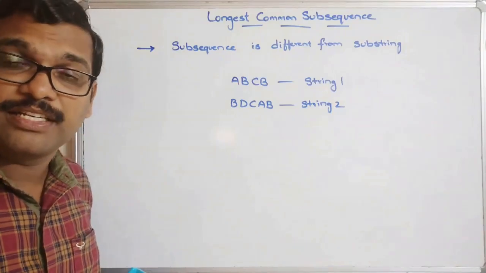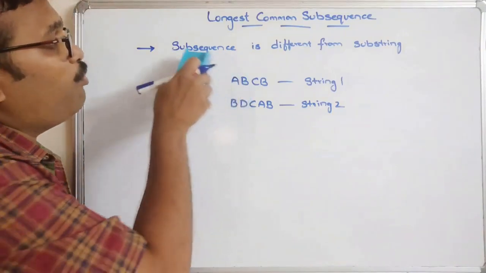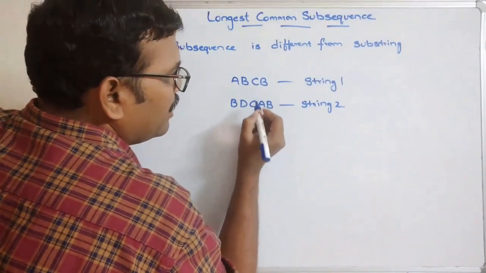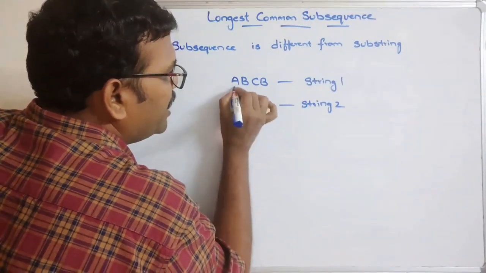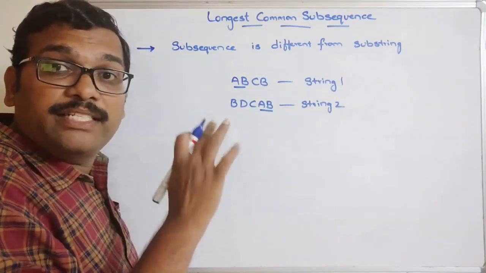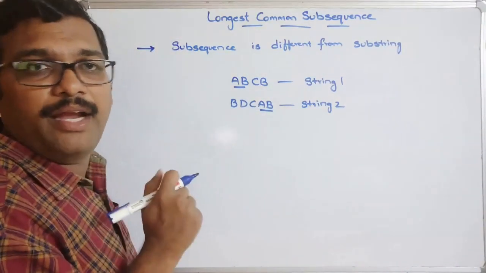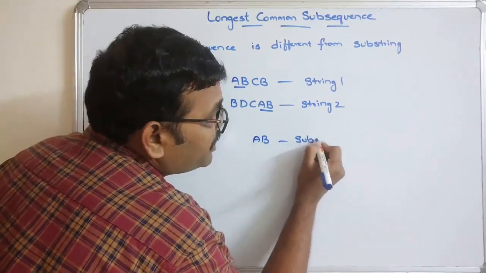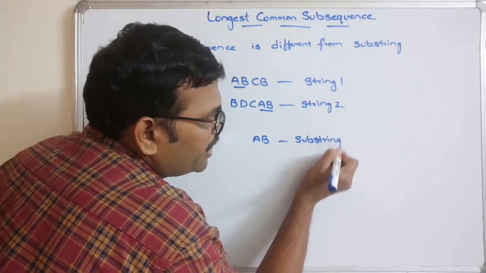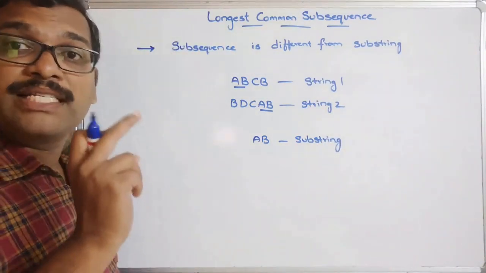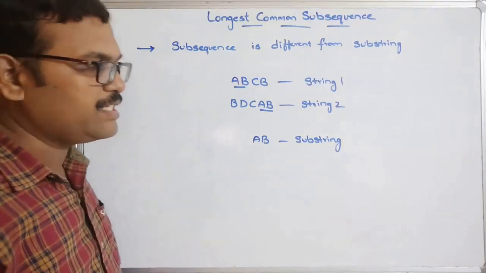So here, first, what is a subsequence and what is a substring? You can see, let us take AB. In both the strings we are having the A and B, right? So AB we can call it a common substring in both the strings.